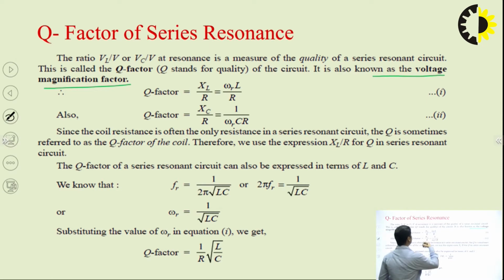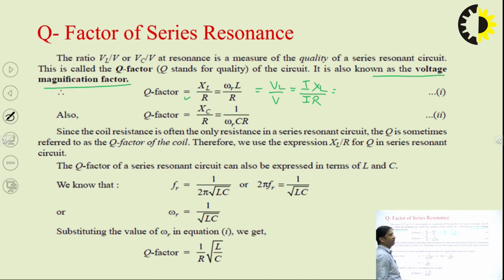It is the ratio of VL upon V or VC upon V. VL is the voltage across the inductance, which is the current into XL, and V is I into R, because at resonance the impedance is equal to R. So you can simply write it as XL upon R.